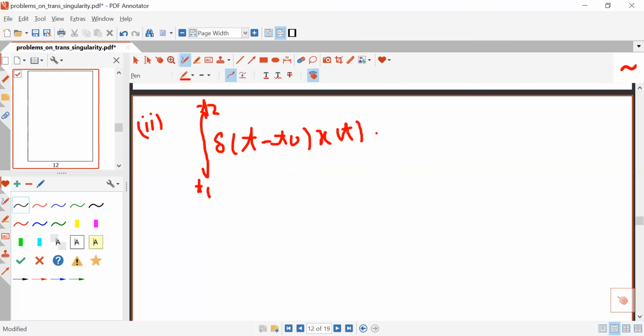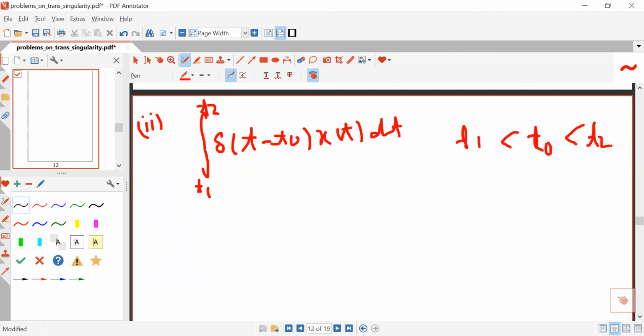And now the question is to calculate this integration. How will you calculate? First, you have to check whether t naught lies in between t1 and t2 or not.